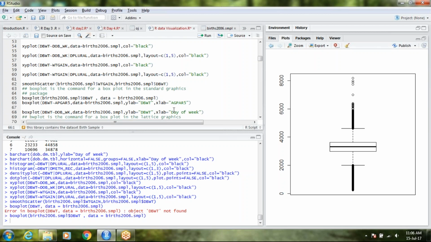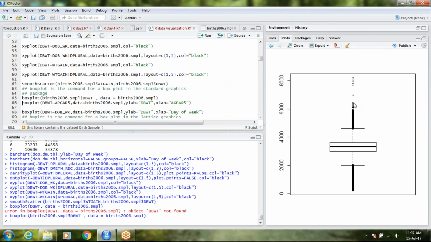This is mainly for the weight of the child during the birth. As you can see, the normally expected range would be around 3.5 kgs of weight. That is what a child is normally expected to have, and some of the ranges, as you can see, 8 kilos.